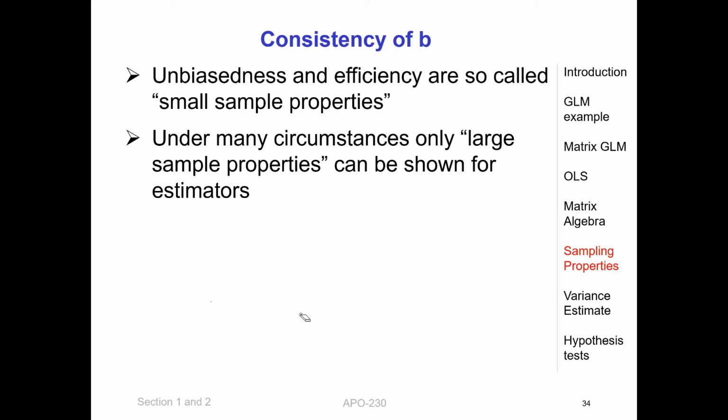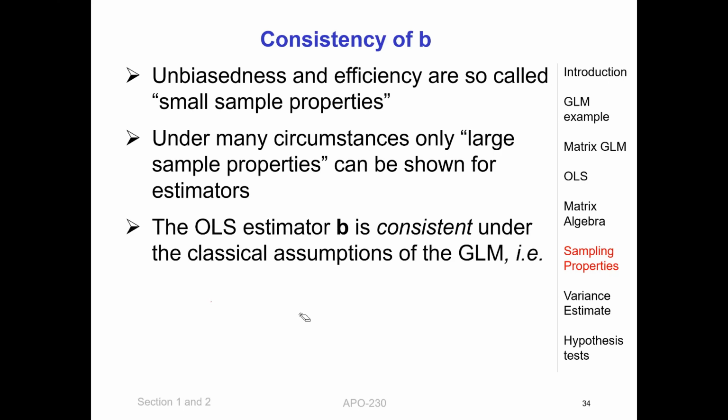The idea for this comes from the asymptotic theories, which ask the question: what happens if hypothetically I could increase the number of observations until infinity? So for OLS, using some inequality and probability theories, we could show that the estimator b is consistent under the classical assumptions. What is consistent?